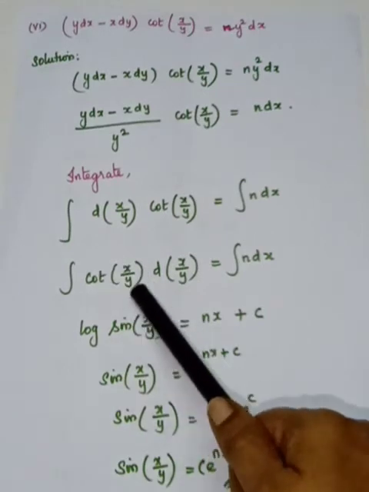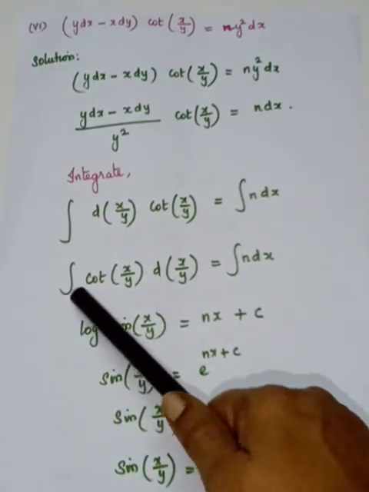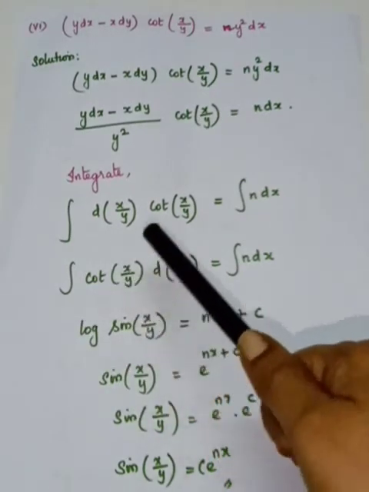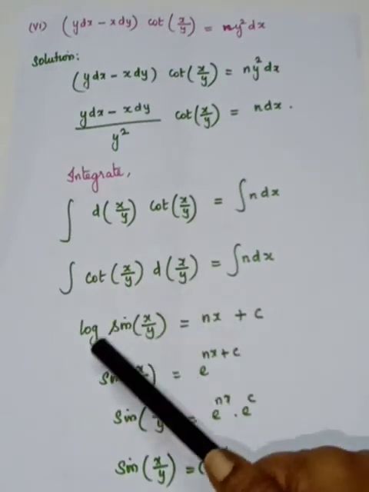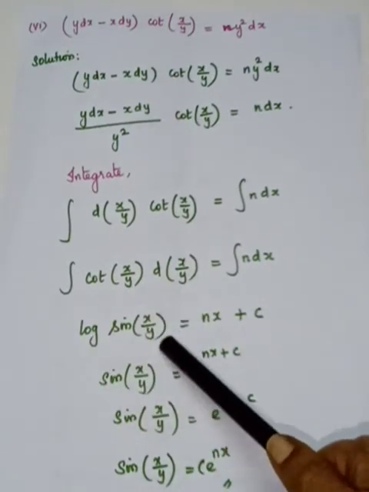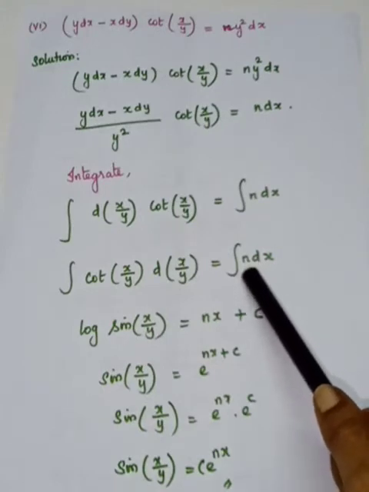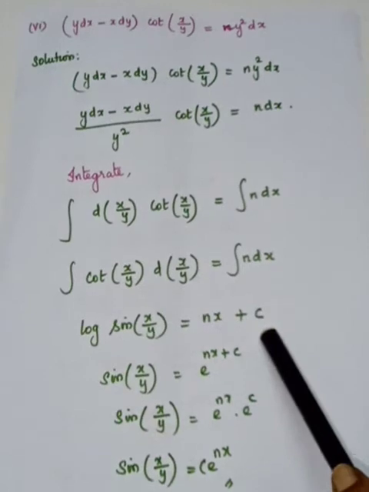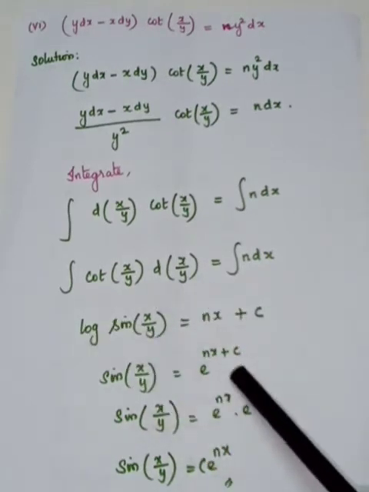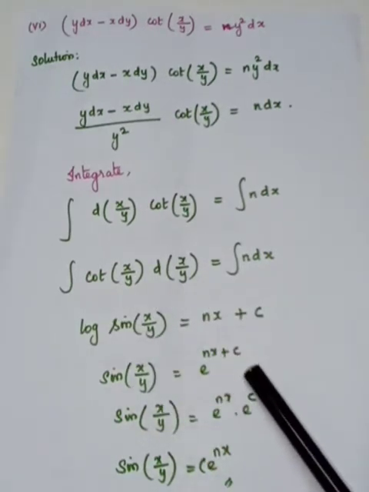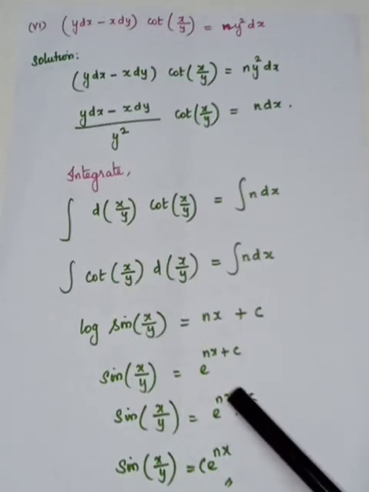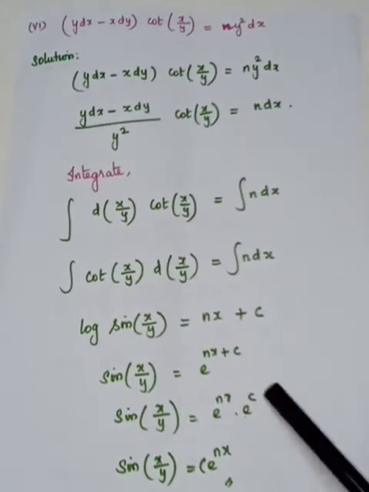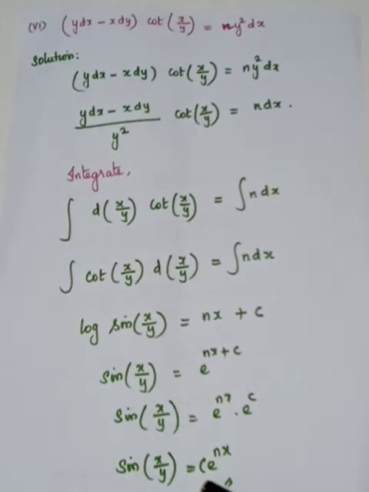Here the variable is x by y. So the integration of cot of x by y with respect to x by y is log of sin x by y, equal to n dx. n is a constant. Integral dx is x plus c. So when you bring the log to the other side, it is e power nx plus c. How will it be written? e power nx into e power c. e power c is a constant that can be taken as c. So sin of x by y is equal to c e power nx.